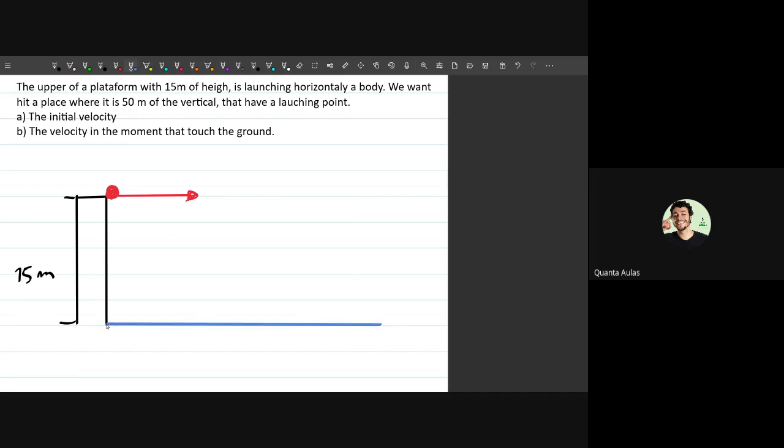So, for example, this place is here, and here we have 50 meters. So we know what kind of motion this has. It's just a bidimensional movement again, so it's the same equations again, all the same.